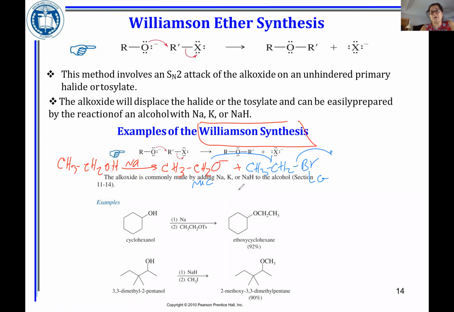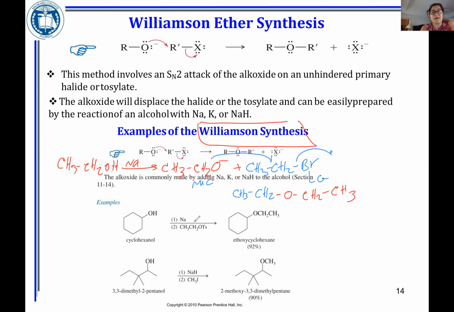When you make this molecule, one part of the molecule is coming from the alkyl halide and the other part is coming from the alkoxide. So the overall molecule carries the ether functional group and you have synthesized an ether. The method is called Williamson synthesis of ether. You could use sodium, potassium, or sodium hydride as a strong base to remove the hydrogen.